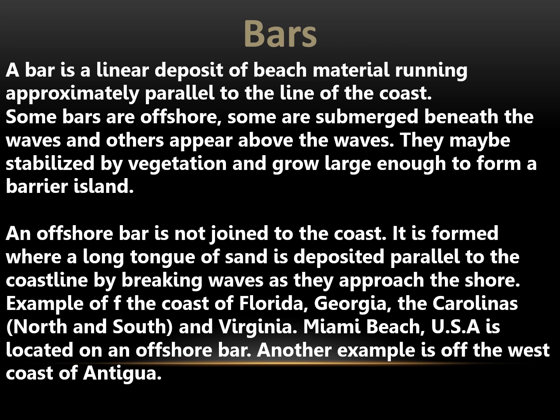Now, over time, what happens, students, is that the offshore bar is eroded and the materials are transported towards the bay, and it will accumulate right at the mouth of the bay, trapping the water that is within the bay. So now you have the bar, and then behind the bar you have what was once the bay, now known as a lagoon, because it is trapped by the bar.